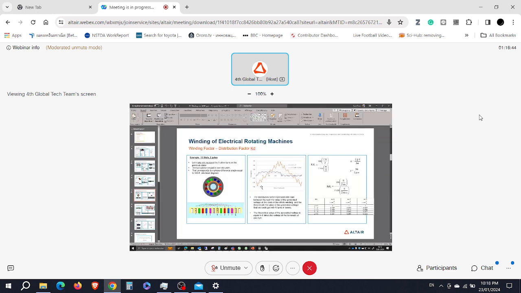Let's consider this example with 12 slots, 2 poles, and then we can compute the pole pitch, and we can put input, output, and we can consider a phase of 5 turns. Just for this example, consider a phase of 5 turns, right? Then input, output, input, output, and so on.